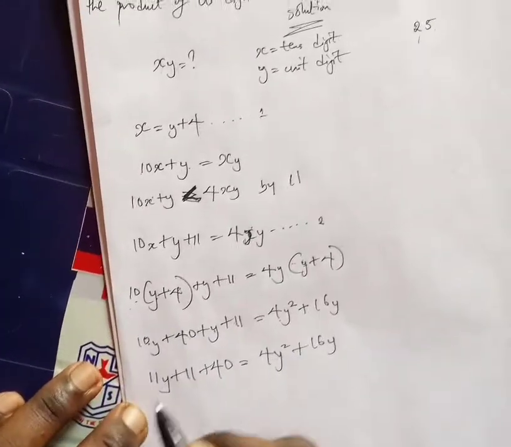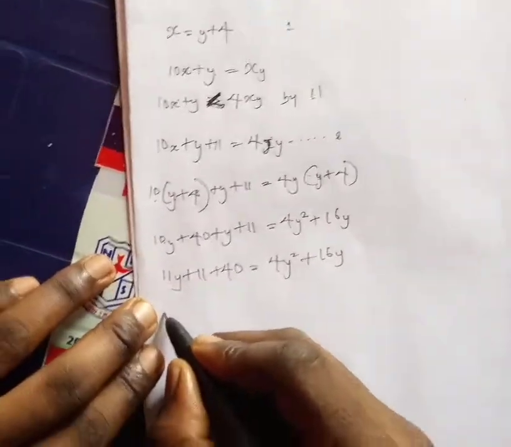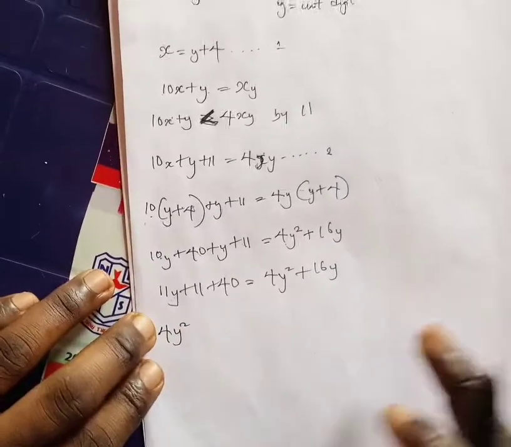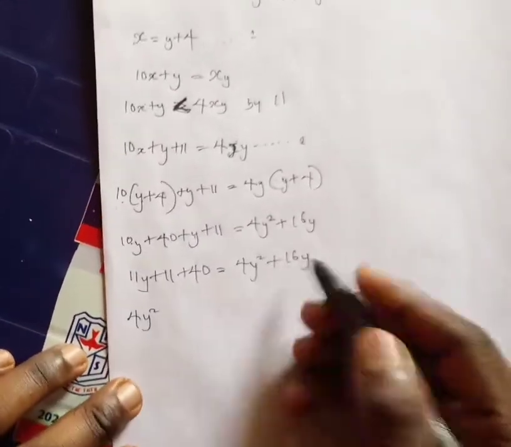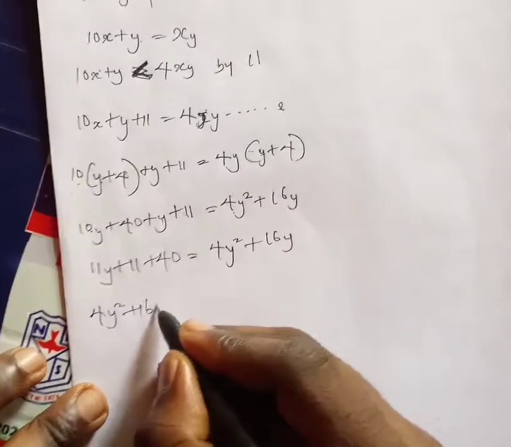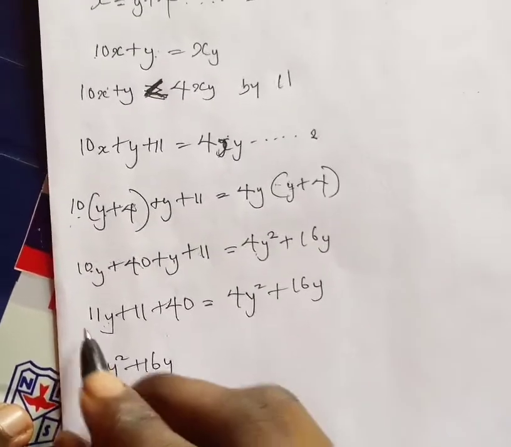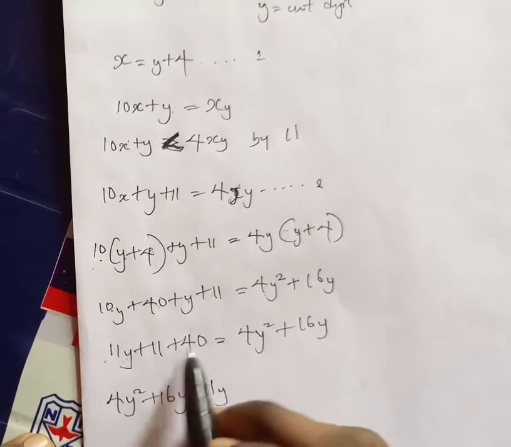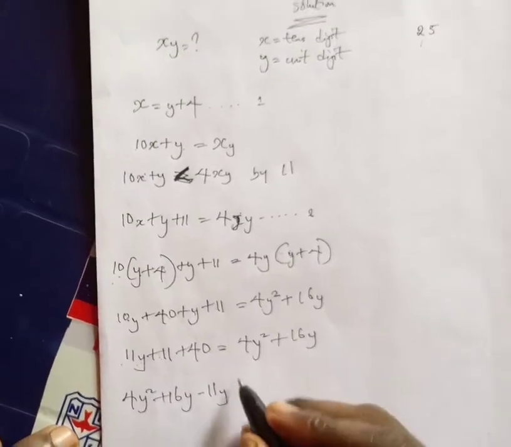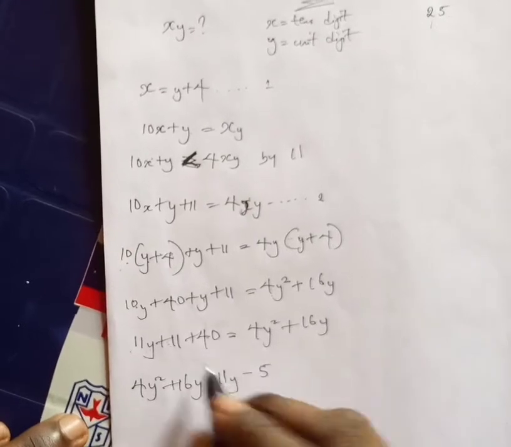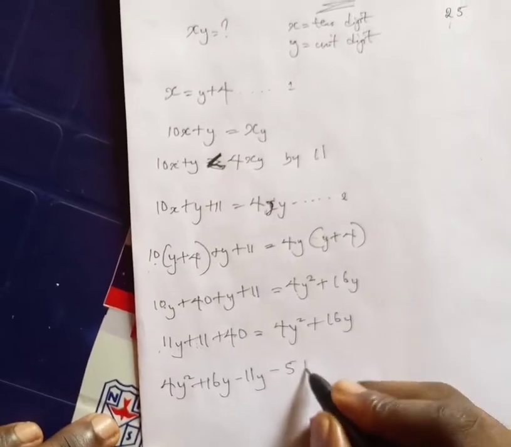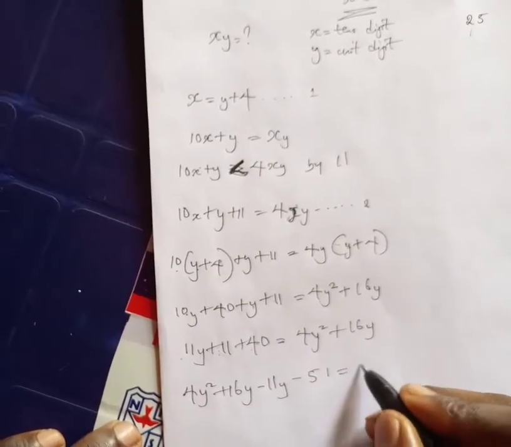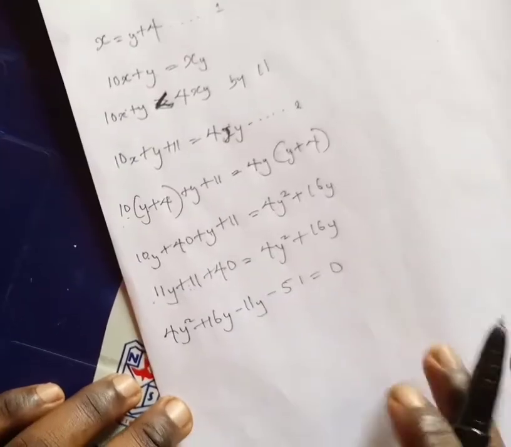Now if I rearrange this particular equation, I'll have 4y squared plus 16y minus 11y, minus 51, which is positive 51, but when it crosses it becomes negative 51. So all this equals 0.